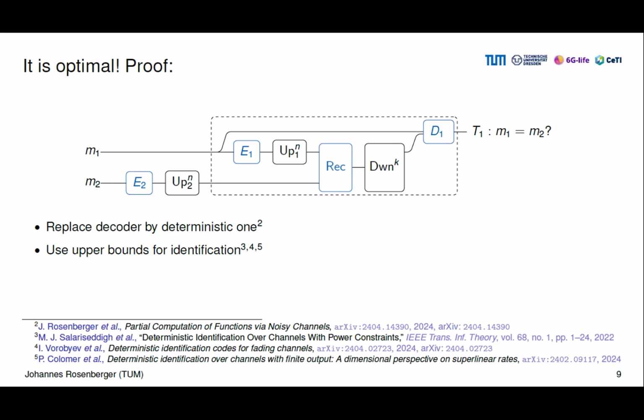If in the picture before we cut off the second decoder, so it's irrelevant now, we only look at the performance for the first one, and we remove these encoders and the uplink here. The uplink is optional, it may also still be in there. Then the new second box, the dashed box, is basically just a decoder for a deterministic identification code. So here we have an encoder, a channel, and the other message is known by the decoder. So that's exactly the deterministic identification setting.